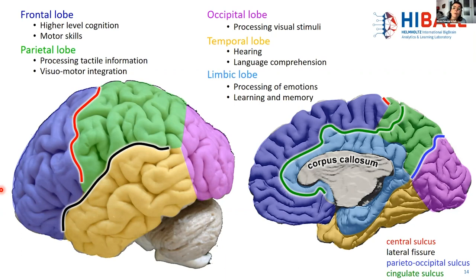Now, the temporal lobe, it contains the so-called primary auditory cortex. So it is crucial for the perception and interpretation of sounds in general, and also in particular of language-related sounds, so language comprehension.